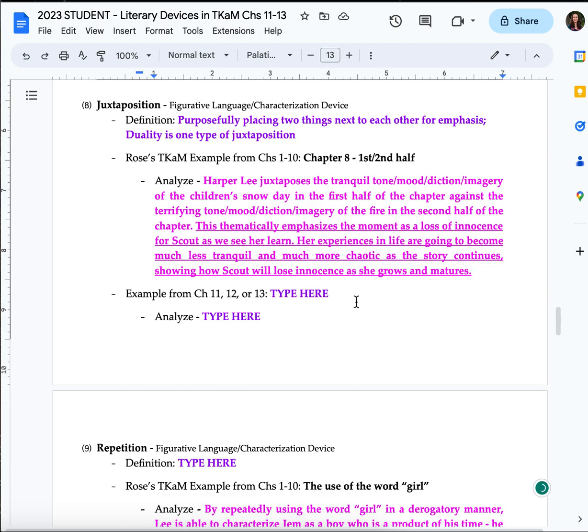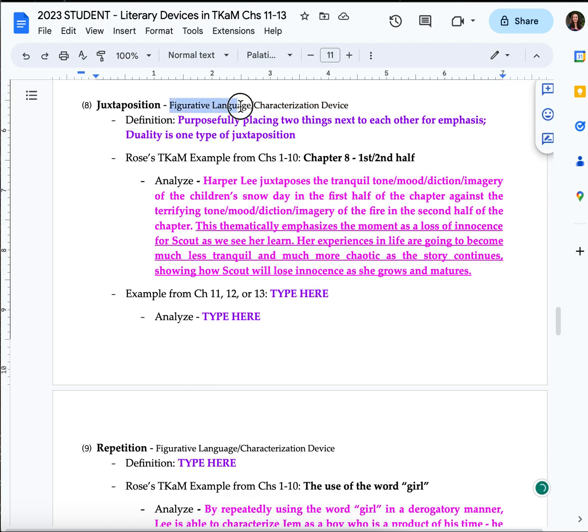Okay, great. As for juxtaposition in chapters 11, 12, or 13, look for, this is also a good characterization device because we need to look at how different characters act that are often juxtaposed against each other. You can think like a Mercutio and Tybalt, if you remember your Romeo and Juliet learning, or you can think about different characters that we interact with or different ways characters interact with the same information, that those 2 interactions would be purposefully placed next to each other to emphasize who these characters are.